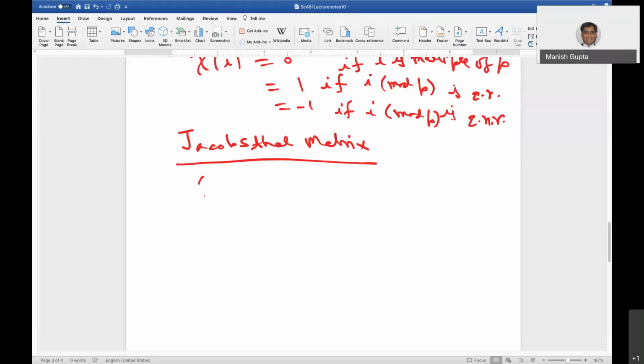It's a matrix of size P cross P. Entries are Qij. It's a P cross P matrix where Qij is nothing but the characteristic of j minus i. That is the Legendre symbol of j minus i, right? So let me try to write down this matrix for P equal to 7 for you.